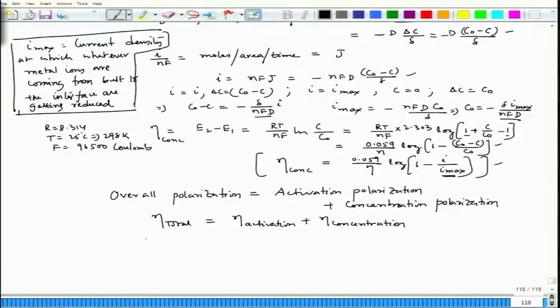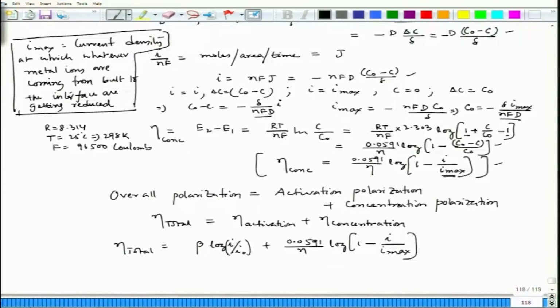So, then I can put it as plus, so this should be 1 n log 1 minus I by I max.